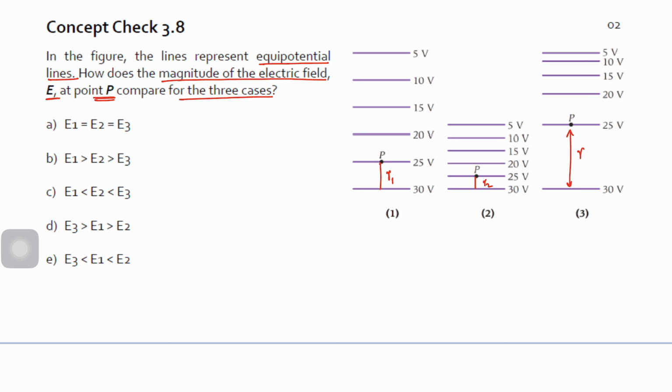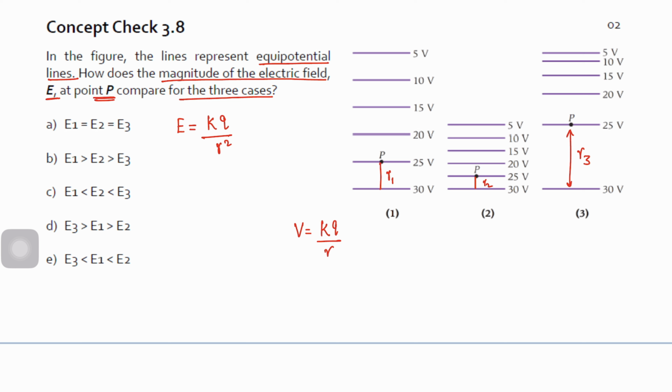R1, R2, R3. So can I say V is equal to KQ over R? Because what we are looking for is the electric field, but the magnitude. Okay. So as we know, electric field is equal to KQ over R squared.